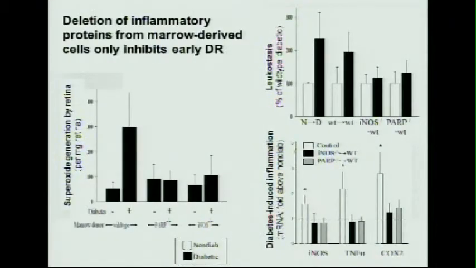This is oxidative stress by the retina. If you remove these inflammatory proteins out of the white blood cells only, diabetes no longer causes an oxidative stress. The oxidative stress is probably one of the strongest predictors of diabetic retinopathy that we have from a preclinical standpoint.